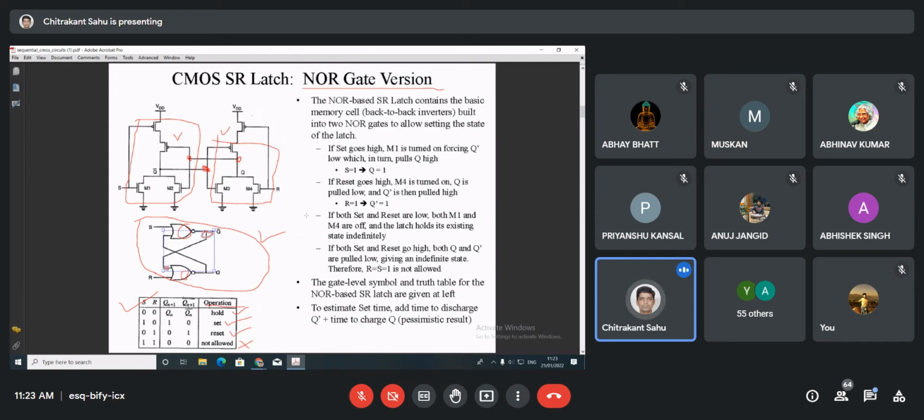Okay, and what are the other two inputs? One input is S and the other is R. Similarly, NMOS and PMOS are connected to one point that will give one input, and this is another input, right? This is the second input for this, and here also this will be the second input, right? So similarly, the same operation will take place. I am only talking in terms of CMOS.